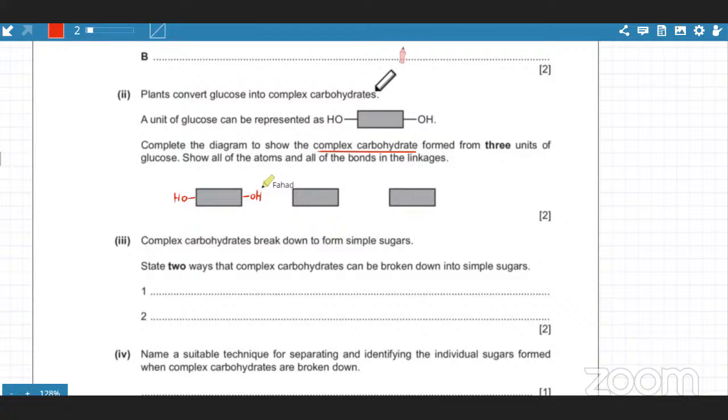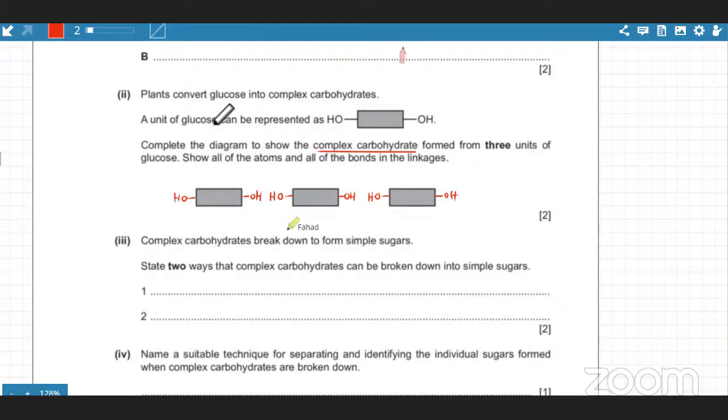Each molecule is exactly like that, with an OH group on both sides. So there would be hundreds of molecules of this diol of glucose that would repeat.